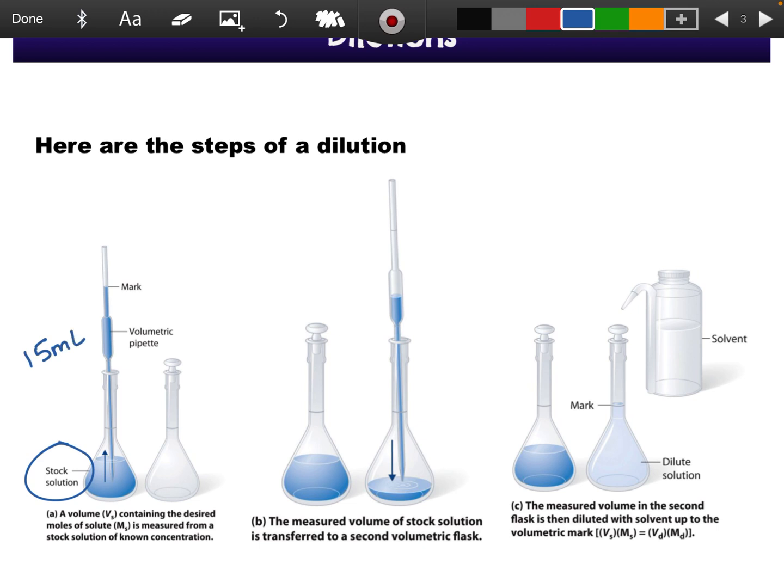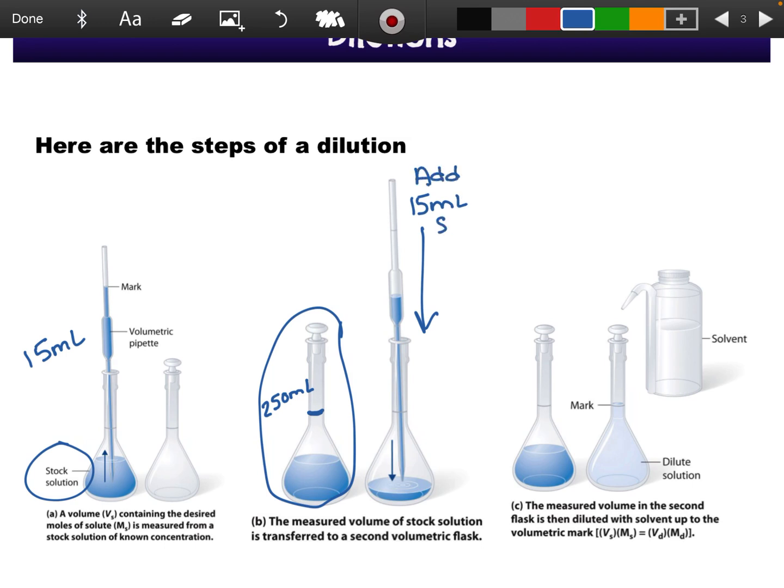You take out 15 milliliters and add it to a volumetric flask. These don't have any markings other than one. If this was a 250 milliliter volumetric flask, the mark would represent 250 milliliters of solution. So you add your 15 milliliters of your super concentrated stock solution.